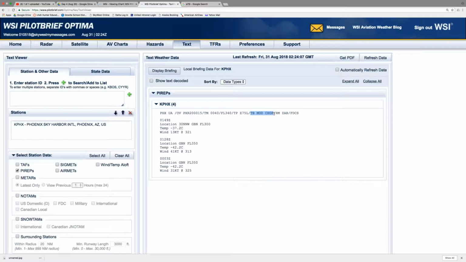He's reporting turbulence, moderate chop, and this remark doesn't matter. But this right here is telling us what type, and the aircraft type is required in every single PIREP that's submitted. It tells us whether this applies to us or not. This one for sure applies to us because that's what we fly.